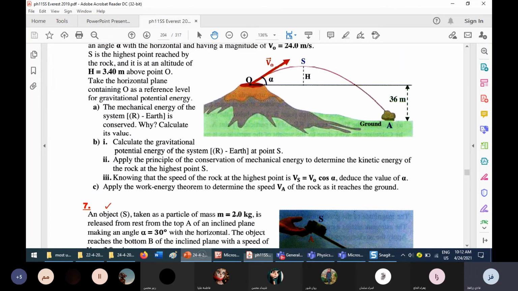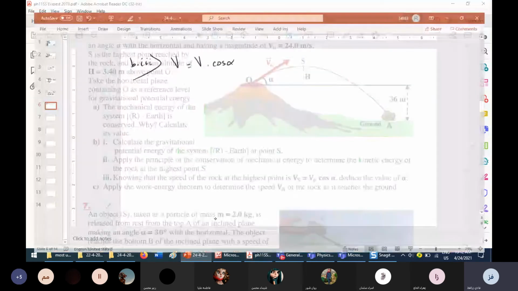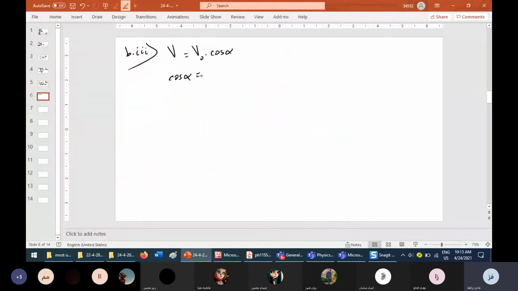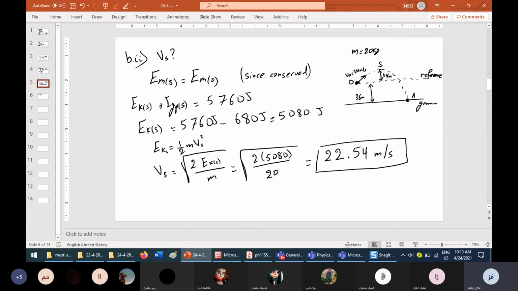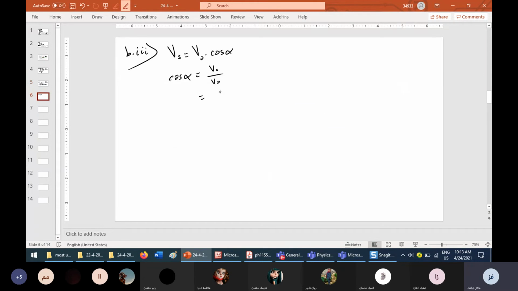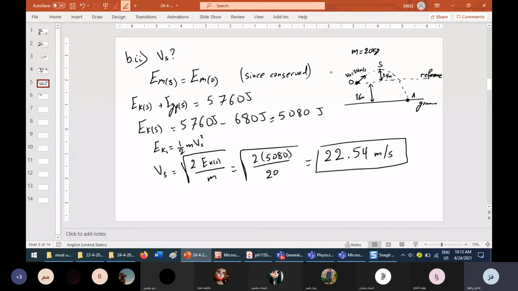No, I didn't make a mistake. Cosine alpha will be V at S divided by V0. V at S was just calculated to be 22.54, divided by V0, and V0 was 24.